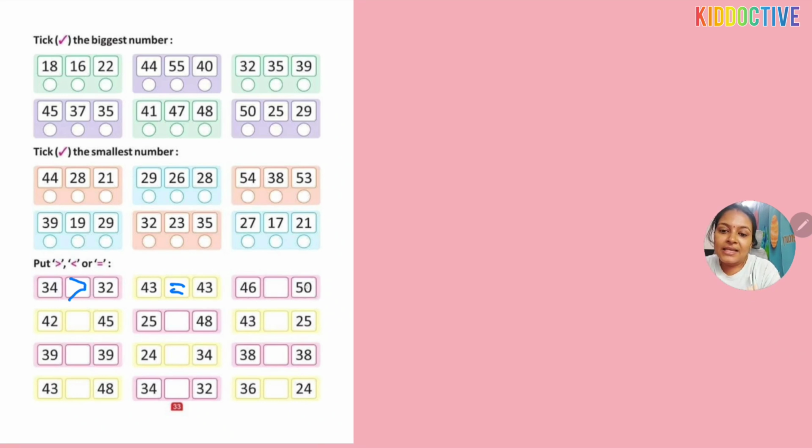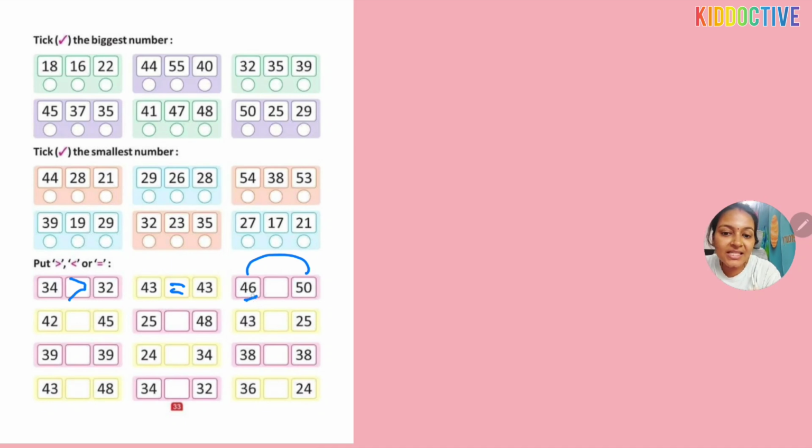46 is greater than or less than 50. 4 comes first or 5 comes first? 4 is more or 5 is more? We are going to check the first number now. So here it is 4 and here it is 5. So 5 is more. So when we are comparing, we are going to check the first number.